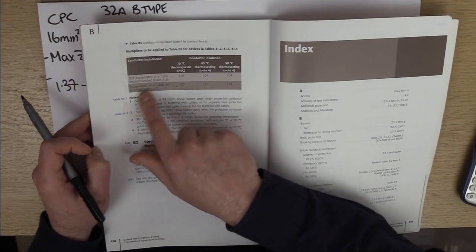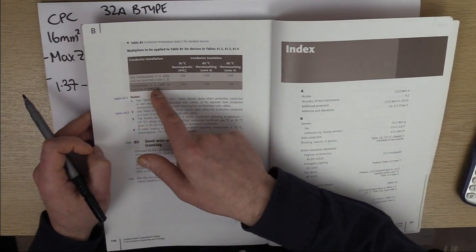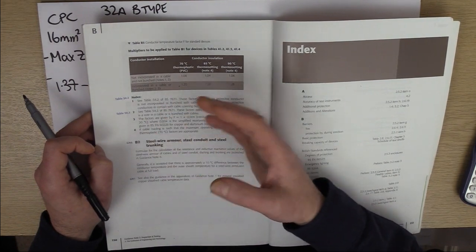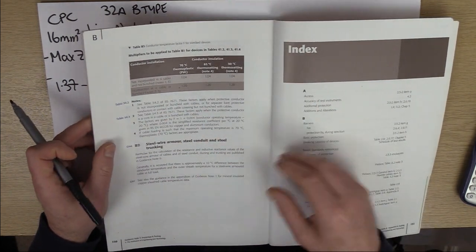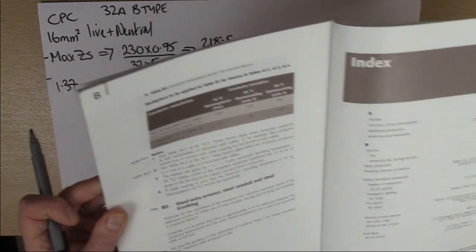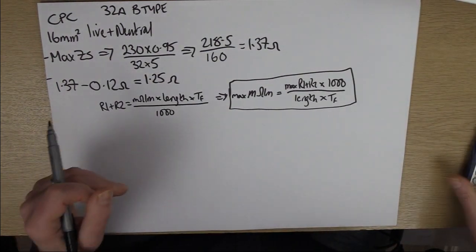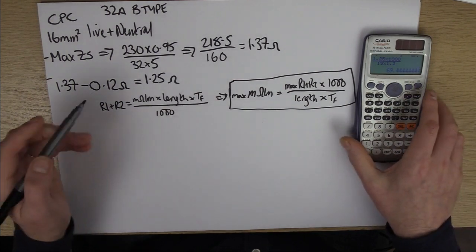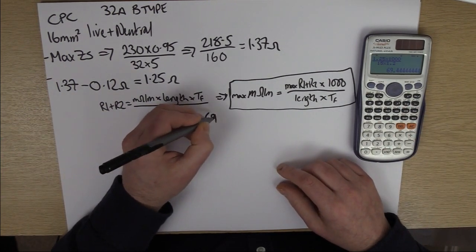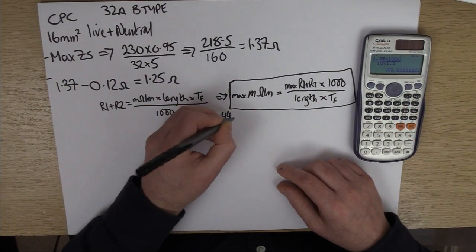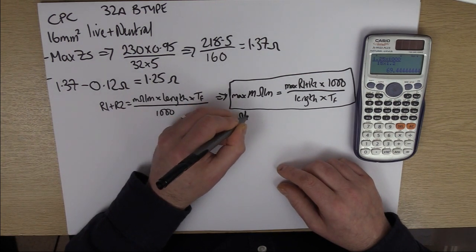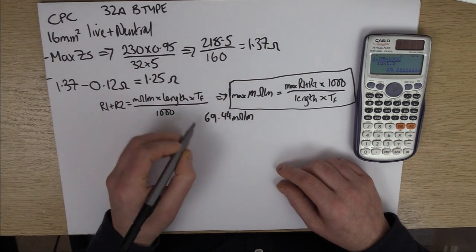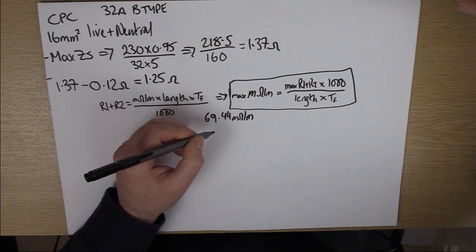And although we're singles, we're using this incorporated in a cable or bunched. It is near to the live conductors, so we're going to assume that that's the right one, because it is. Equals, so I'm getting a maximum milliohm per meter value of 69.44.